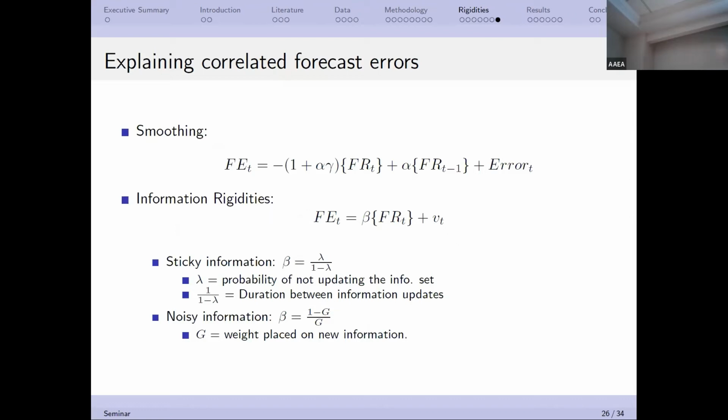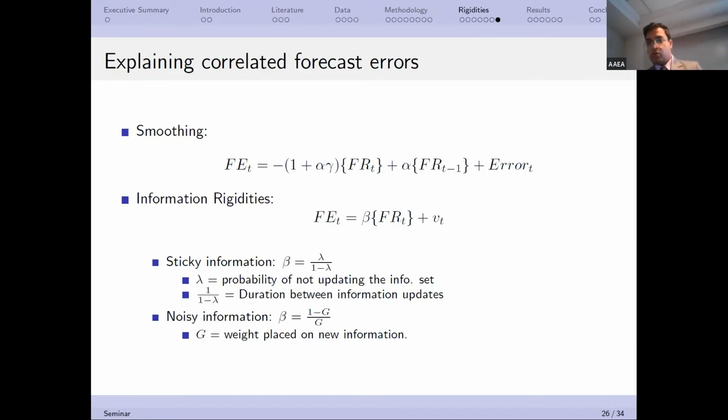If the beta coefficient is significant, then that means that there are information rigidities present. Now, these information rigidities could be coming from either sticky information models or noisy information models, wherein we can use the beta we estimate from the regression to calculate lambda, which is the probability of not updating the information set. Or we can use beta to calculate G, which is from the noisy information world, which is how much weight USDA is placing on new information.